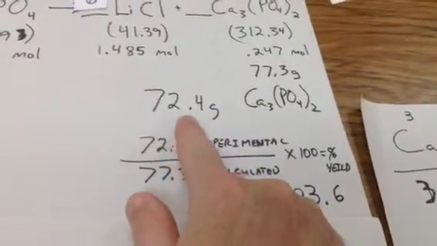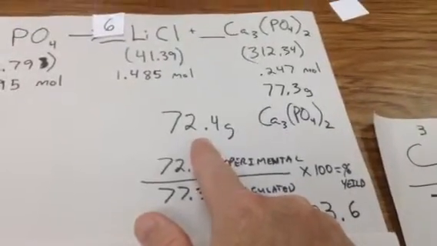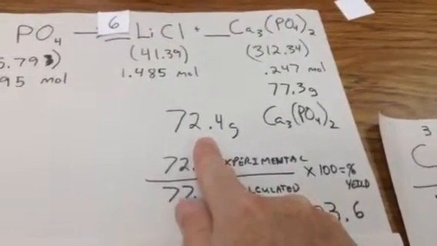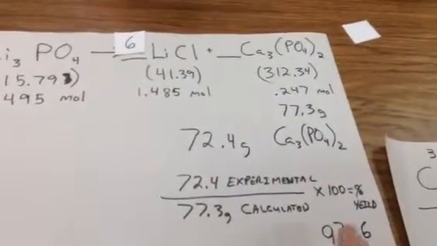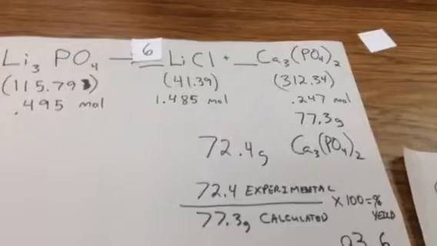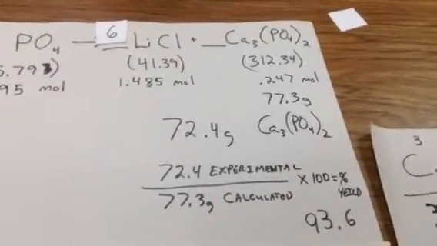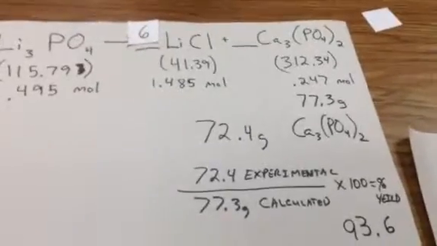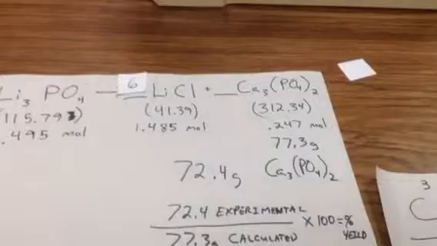They said this is what we ended up with. Or in our experiments, when we do actual experiments in class and we're weighing things, we're going to come up with this. And so experimental percent yield means what we got compared to what we should have gotten with the calculations. And there's lots of reasons that you may not get that, but that's how we calculate these problems and why we do them.